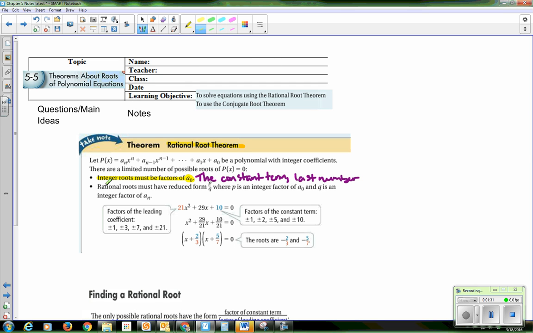And rational roots must have reduced form of p over q, where p is an integer factor of a sub 0, which is that constant term again, and q is an integer factor of a sub n. And remember, a sub n is the leading coefficient, or the coefficient of the first term.